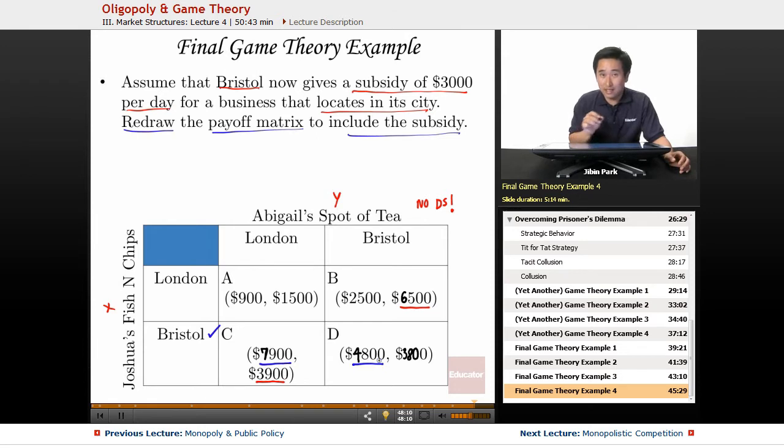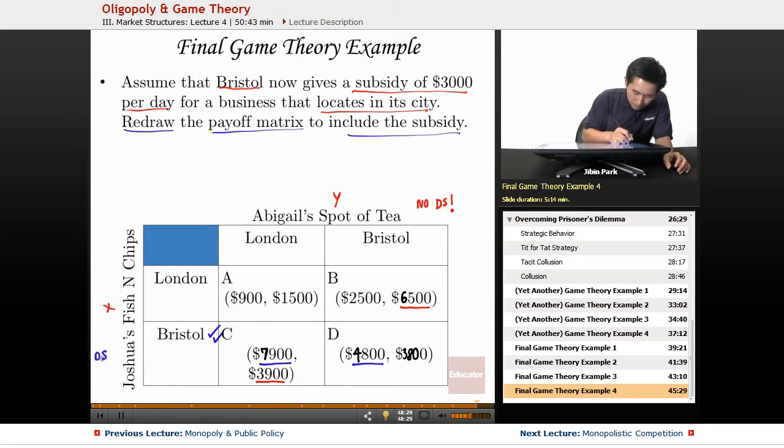So whereas he didn't have a dominant strategy before, now he does. If Abigail chooses Bristol, that $4,800, that extra $3,000 from the $1,800, is going to cause Joshua still to choose Bristol here. So Bristol is the dominant strategy.